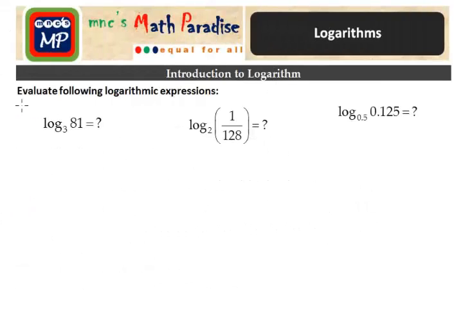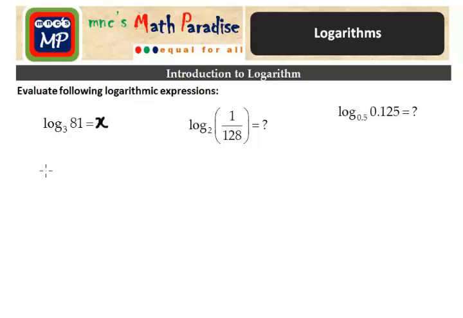Here we will do 3 examples of logarithmic simplification based on the definition of the logarithm function. The first one is log 3 base 81 equals what? Say this value is x, so log 3 base 81 equals x.